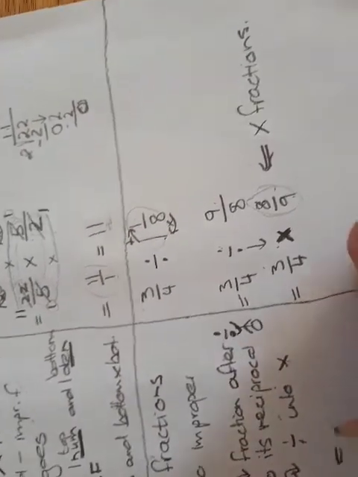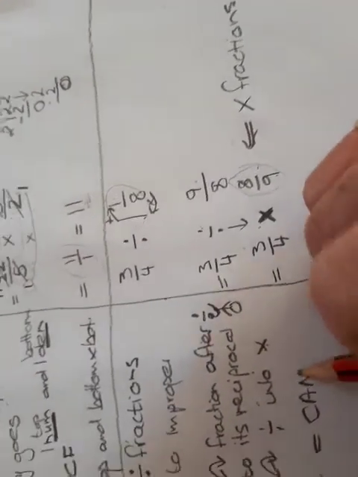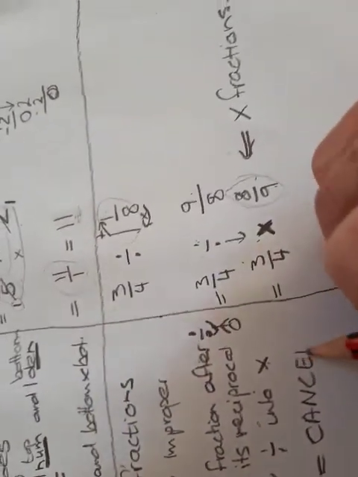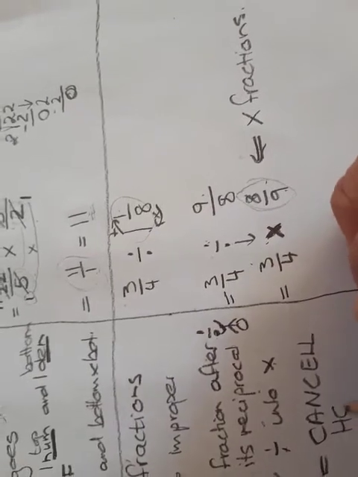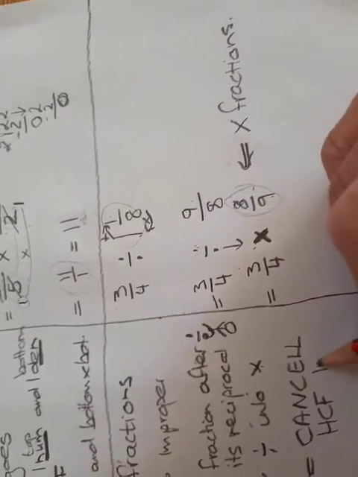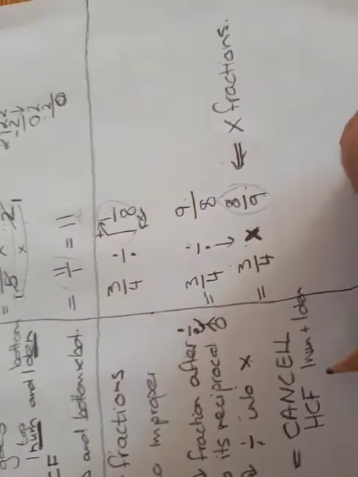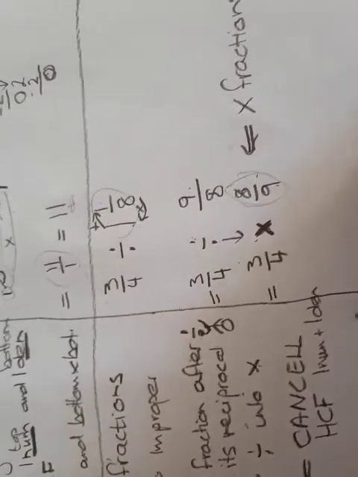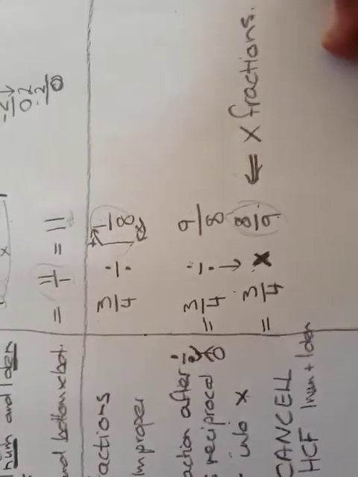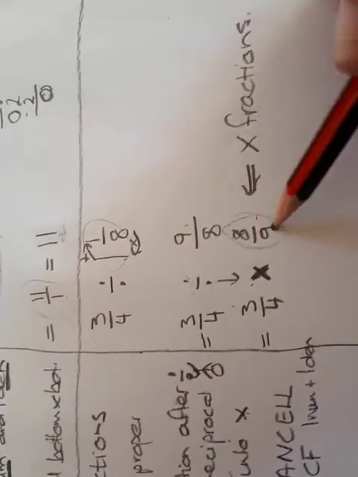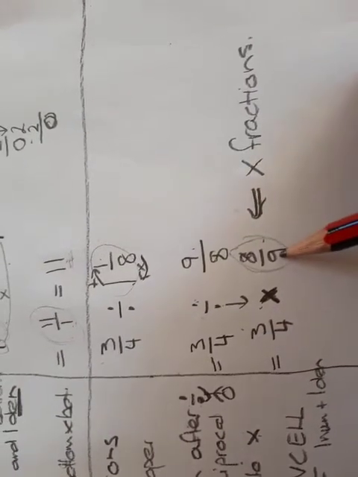We cancel. Okay, we cancel with highest common factors of one numerator and one denominator, one top and one bottom. So 3 and 4 has no highest common factor, people. 8 and 9 also has no highest common factor, which means we can now look over cross.